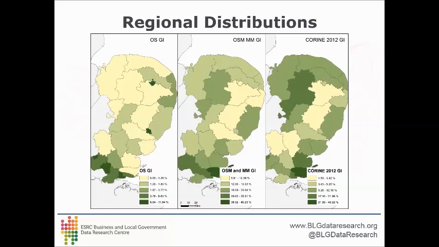We've got a set of geographical units which are actually the local authority districts and unitary authorities, and we've calculated for each of these what percentage of their area is defined as green infrastructure under the different sorts of definitions that we've been working with.